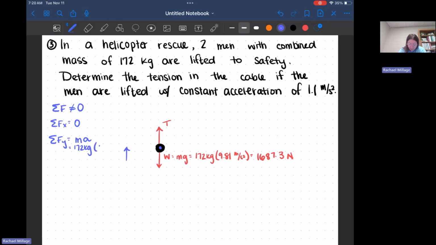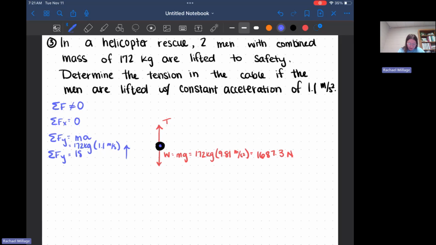We do, 1.1 meters per second squared upwards, so it's just going to be a positive 1.1. So when I take 172 times 1.1, I get a net force in the y direction, or the sum of all of my forces in the y direction, of 189.2 newtons.